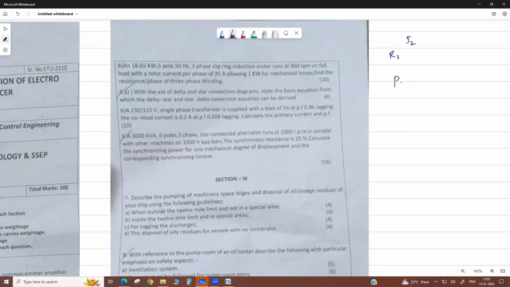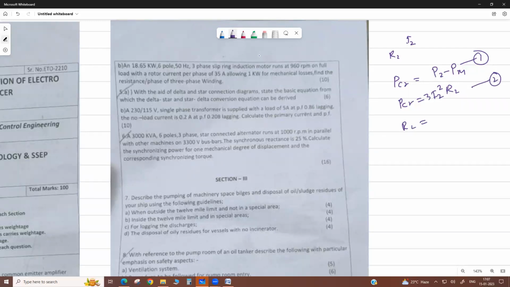So here we calculate the rotor copper loss by subtracting the mechanical loss, meaning we calculate P2 minus PM. This will give the rotor loss, first part. Then we calculate by this method, 3 times I2 square R2. Then we get R2, because we equate these two equations. Okay.